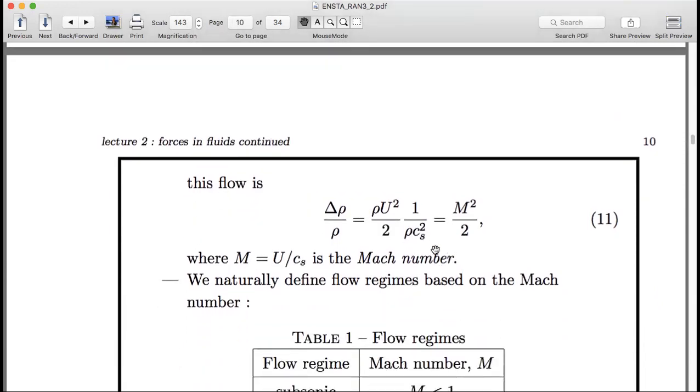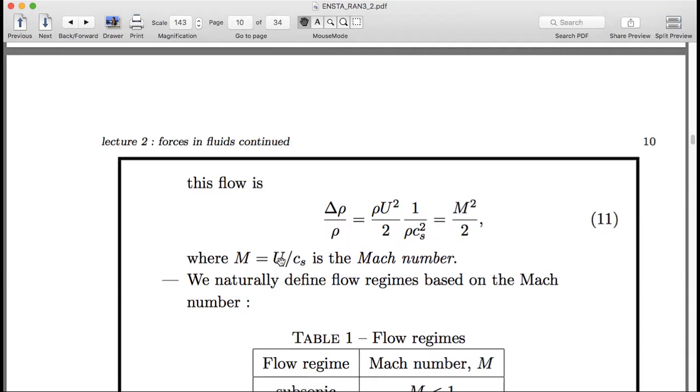And now, this is exactly the answer to the previous question. Now the rho cancels out, and so the fractional variations in the density are equal to 1/2 the Mach number squared.